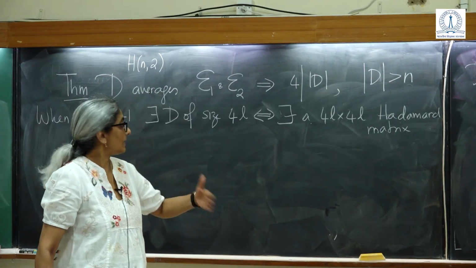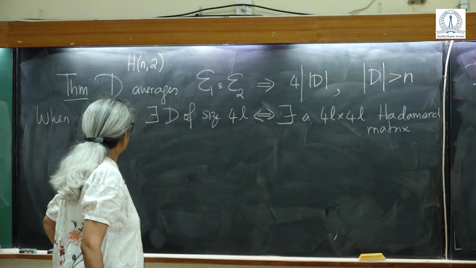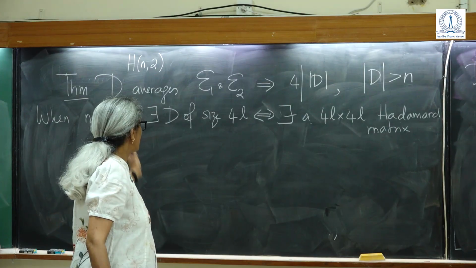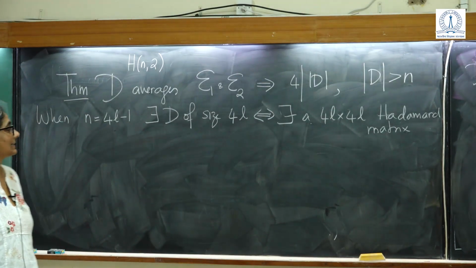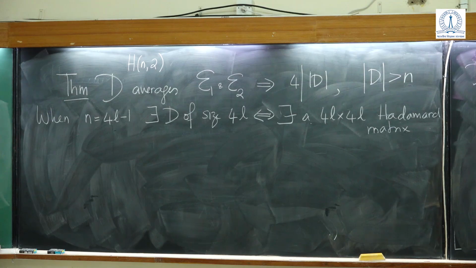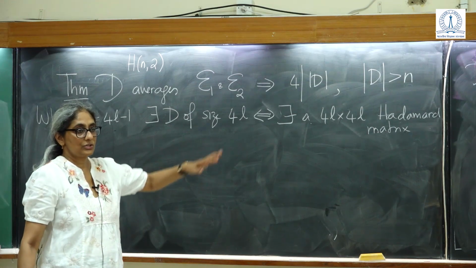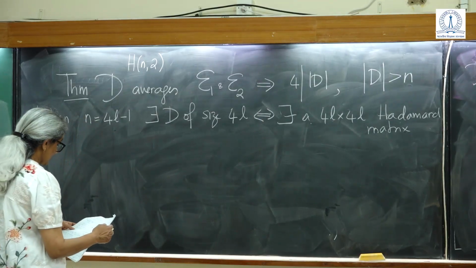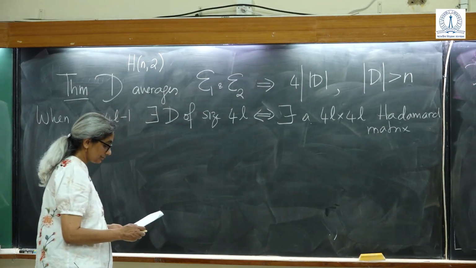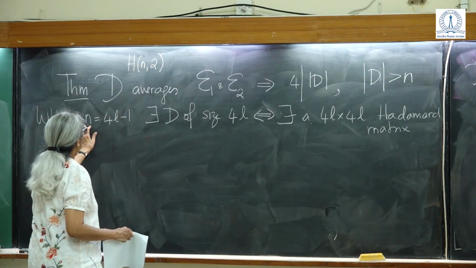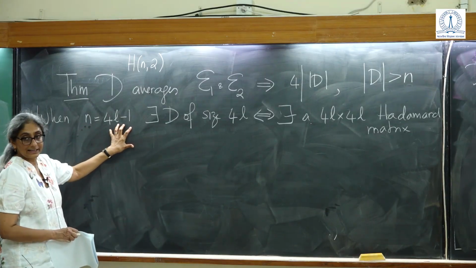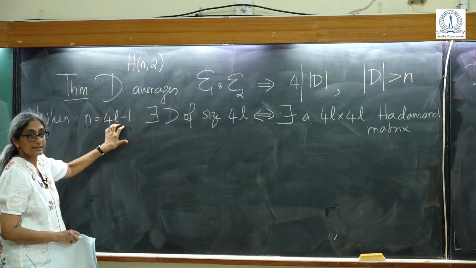It's just a statement that connects the existence of designs that average E1 and E2 to the existence of a Hadamard matrix. N can be arbitrarily large, so N does not have to have any relation to L, but it has to be like this, okay?